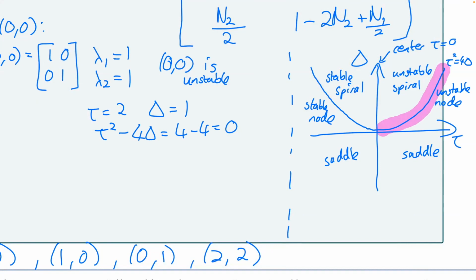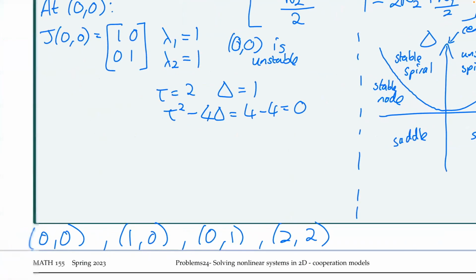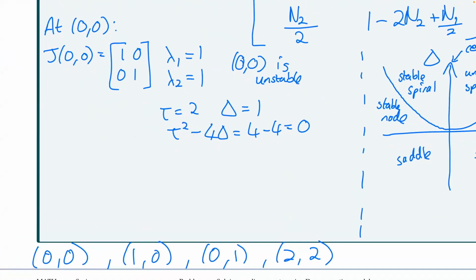If this appeared in an exam, I would just expect you to say it's unstable. We won't get into stars. The reason it's a star is because we have repeated eigenvalues, which is a bit beyond this course. What I really care about is whether it's stable or unstable, and in this case, it's unstable.